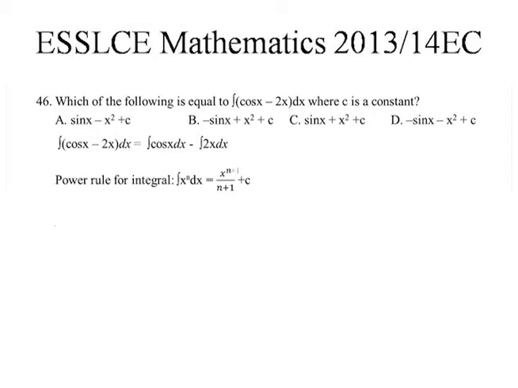Hence, integral of cos x dx minus integral of 2x dx is equal to sin x minus 2 times the integral of x, that is x to the power of 1 plus 1 divided by 1 plus 1, plus c, which is equal to sin x minus 2 times x squared divided by 2, plus c. 2 crosses out by 2, then we are left with sin x minus x squared plus c. So choice A is the correct answer.